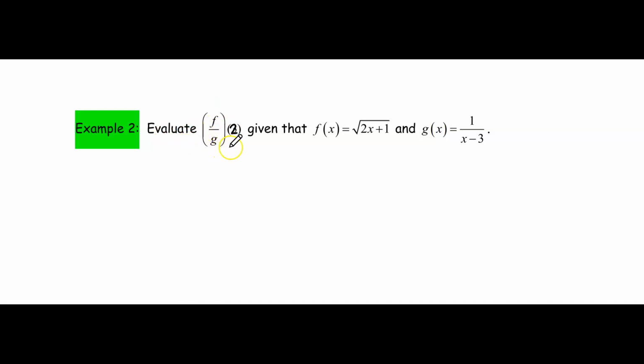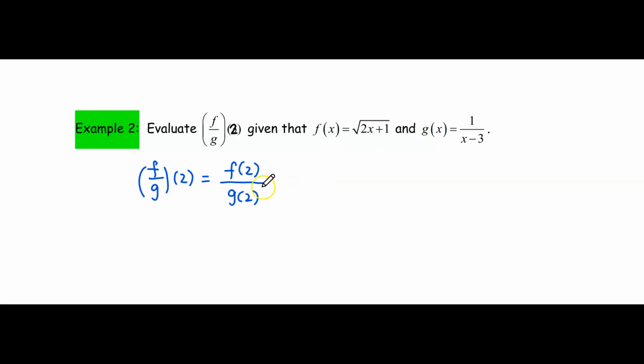Evaluate f over g at 2, given that f of x is equal to the square root of 2x plus 1, and g of x is equal to 1 over x minus 3. Note that f over g at 2 is equal to f at 2 over g of 2.